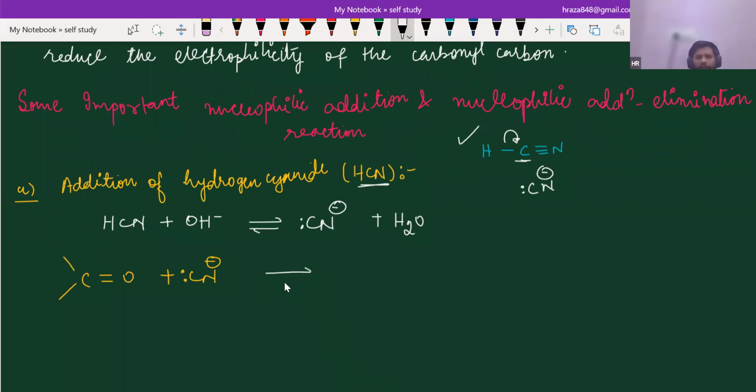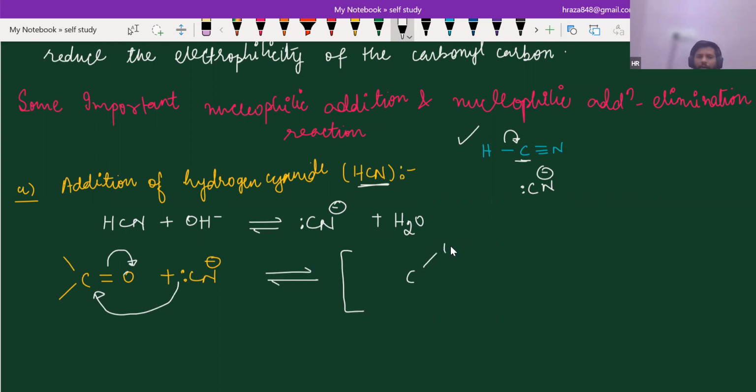It's very easy to understand. This oxygen is more electronegative, so it will take electrons from carbon, and carbon will now have a deficiency of electrons, and this electron rich species, which is a nucleophile, will attack the carbon. Now an adduct or intermediate forms.